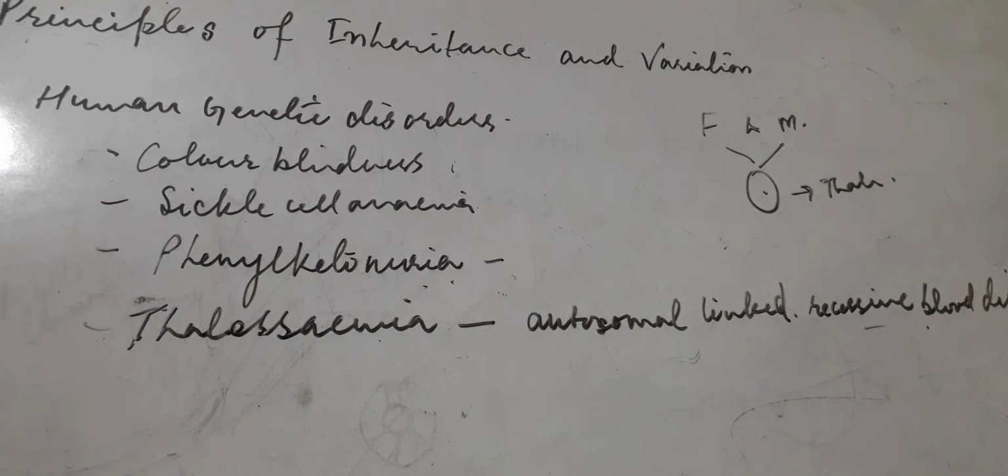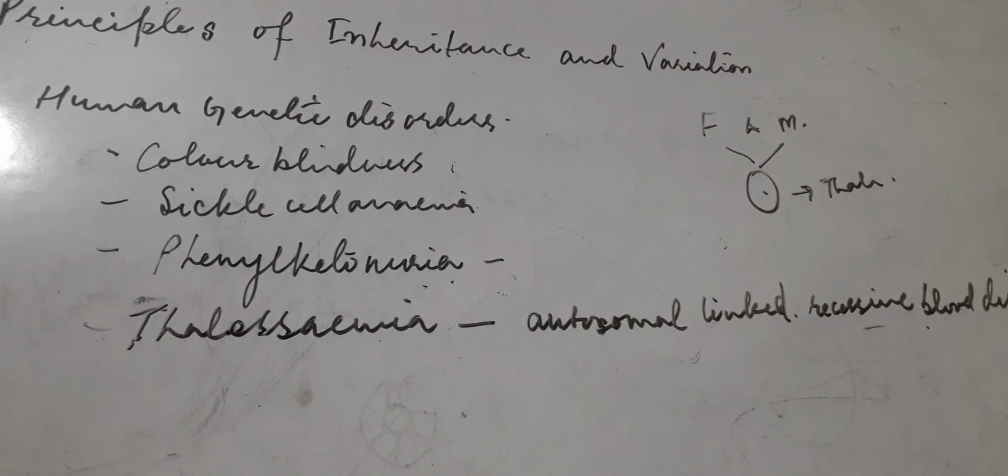For example, 2 alpha chains and 2 beta chains. If the alpha chains are absent, then beta chain accumulation is more, so all four become beta chains. If the beta chain is absent, then all four will be alpha chains. This is the defect.